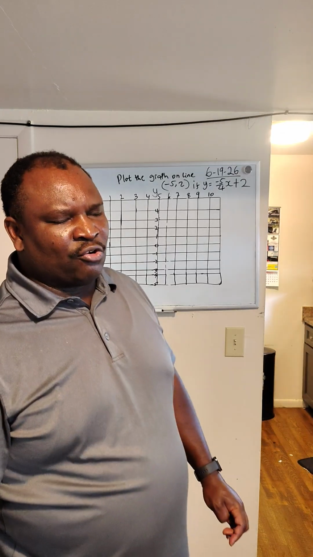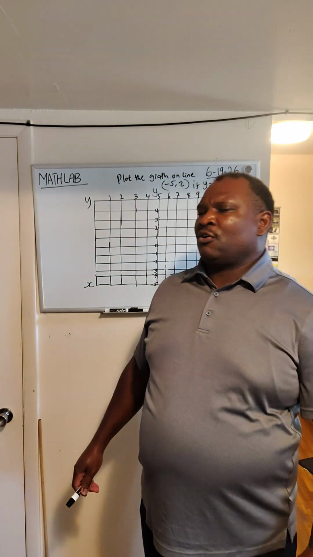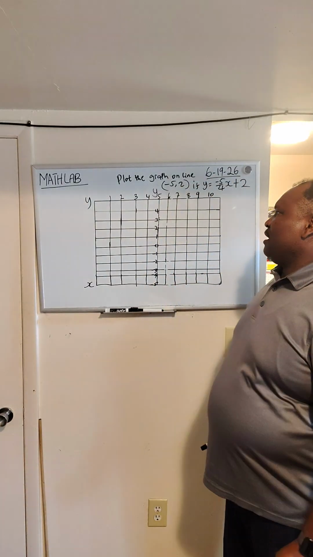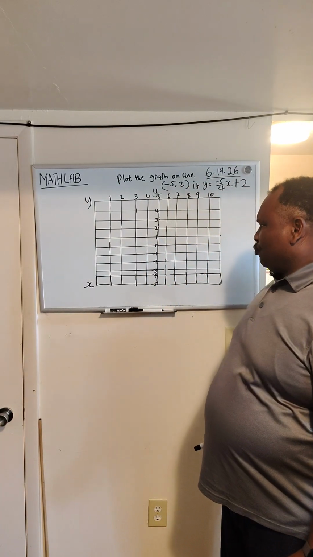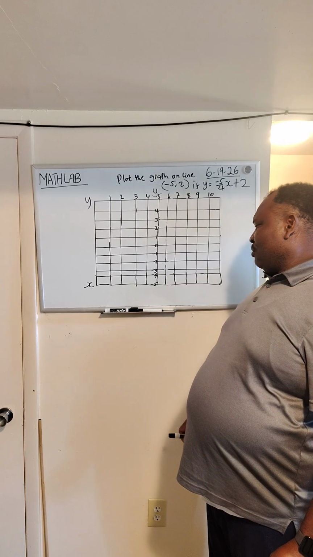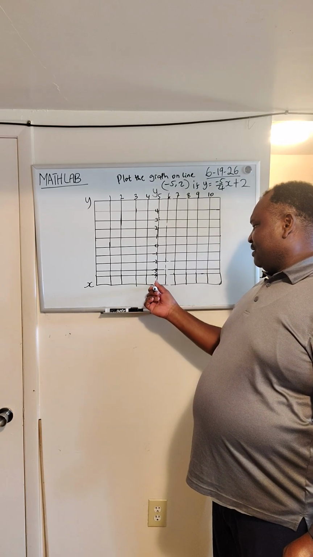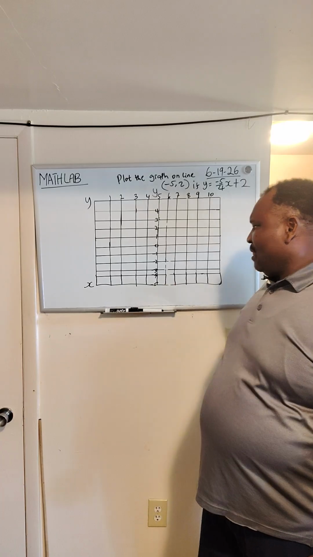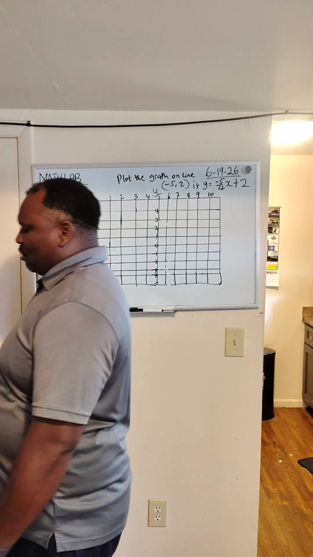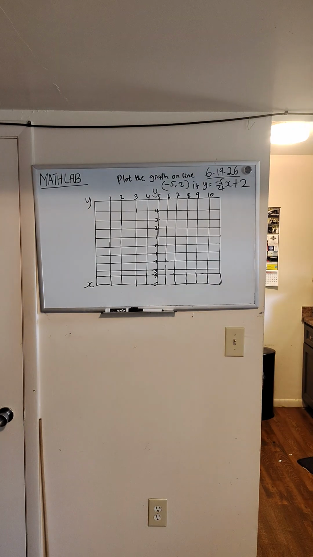That line that we are about to draw has to pass through the coordinates negative 5 and 2. When you look at this graph, negative 5 is somewhere down here. So this right here is the negative 5, and it is on the x-axis.